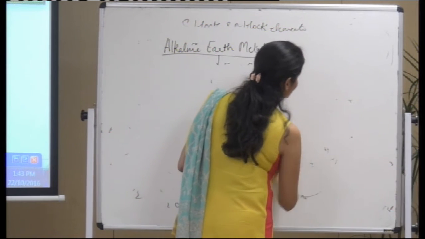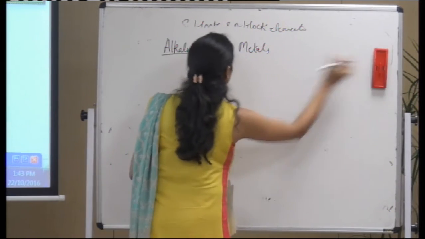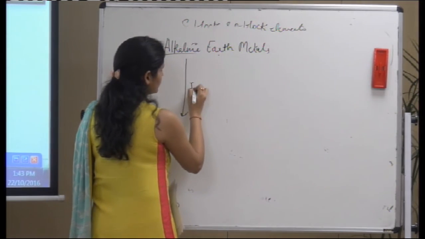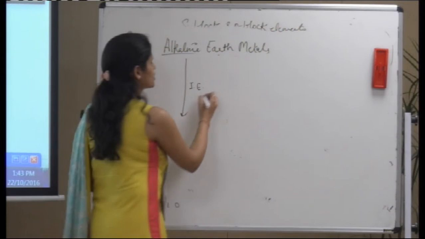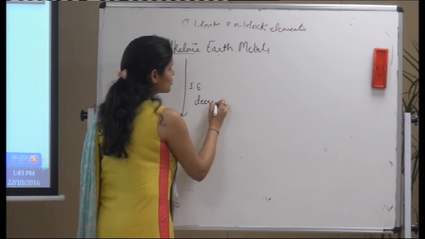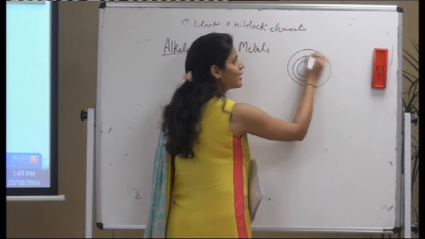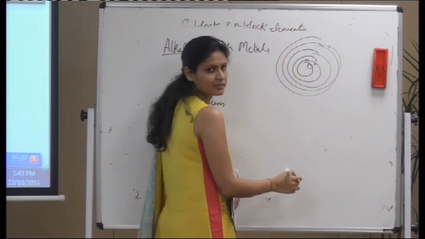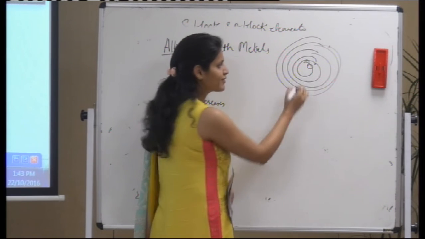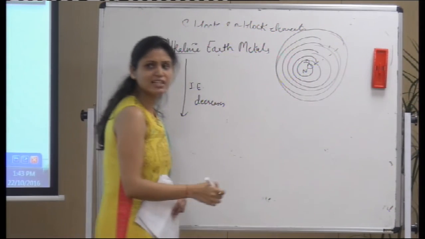So this was the ionization energy. What should be the trend for ionization energy down the group? Decrease. Sure? Why so? Because each time a shell is increasing, the attraction from the nucleus is decreasing. Right? The attraction from the nucleus decreases with distance, with the increasing number of shells.